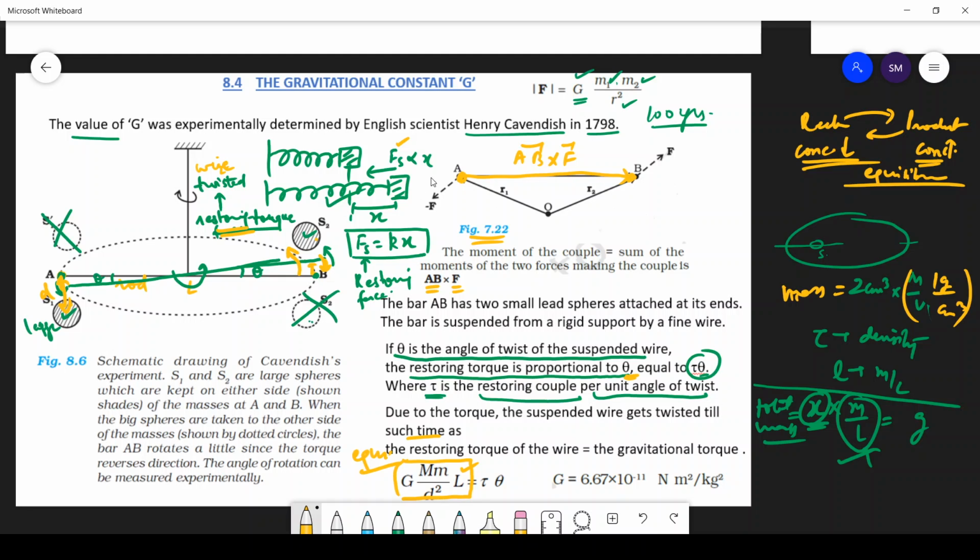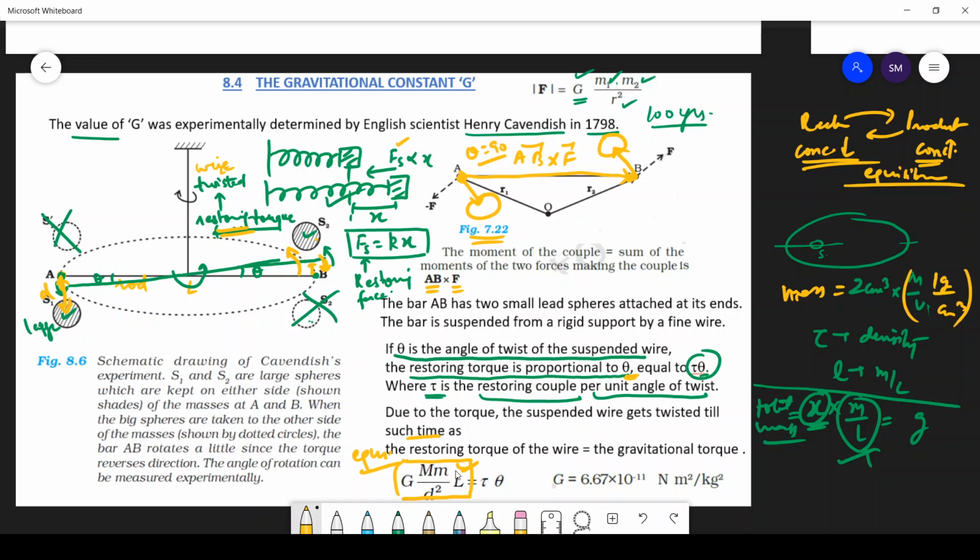The difference is, here you have two forces in this direction, a larger sphere and a small sphere. So what is the net torque acting on it? That is your gravitational torque. So this length, that is your L, and of course the cross product. You are taking the magnitude. The angle between them is theta equals 90 here. So sine 90 is 1.